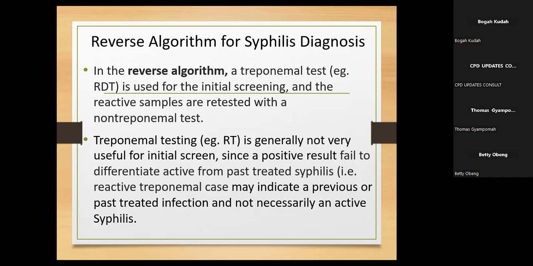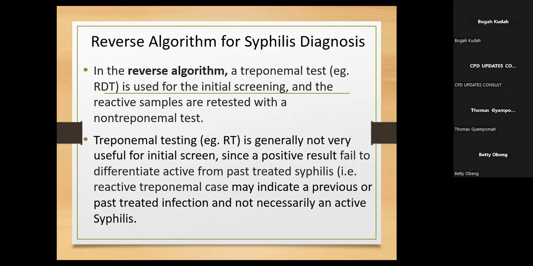In the reverse algorithm, a treponema test, for example the RDT, the rapid diagnostic test or the rapid test, the same thing, is used for the initial screening, and the reactive samples are retested with the non-treponema test.